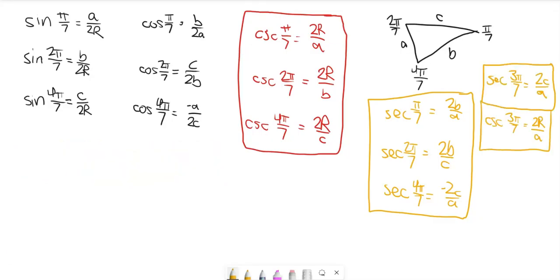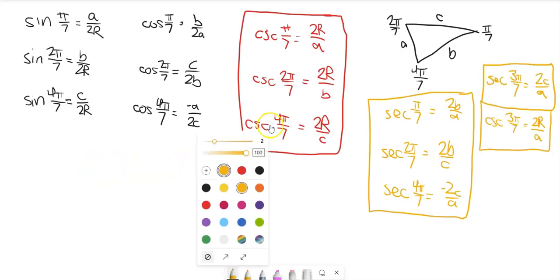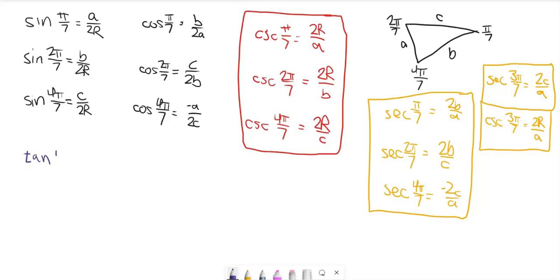Give me a couple of seconds while I clear the screen. Now let's establish the tangent ratio, starting with pi over 7. The tangent is going to be the sine of pi over 7 over the cosine of pi over 7, so we are creating a reciprocal with the cosine.